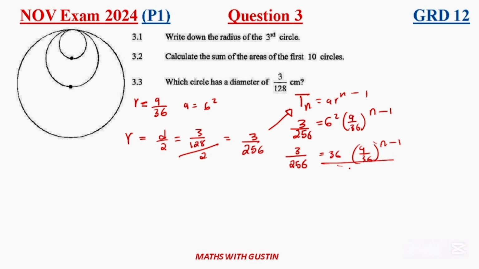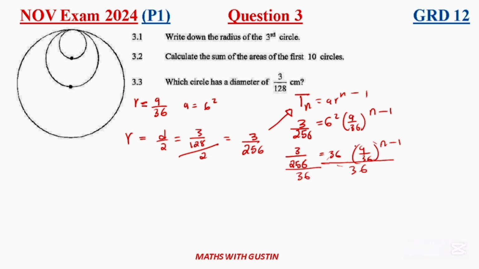So therefore you can divide both sides by 36. Remember, guys, you can do that. You can't cancel out like this. No way, you can't do that. Because why? Because this is in brackets and is to the power of n minus 1.